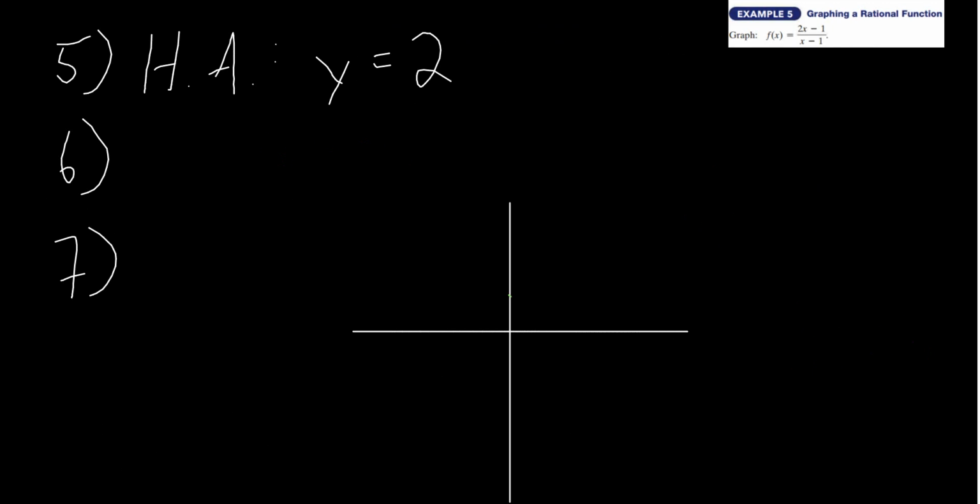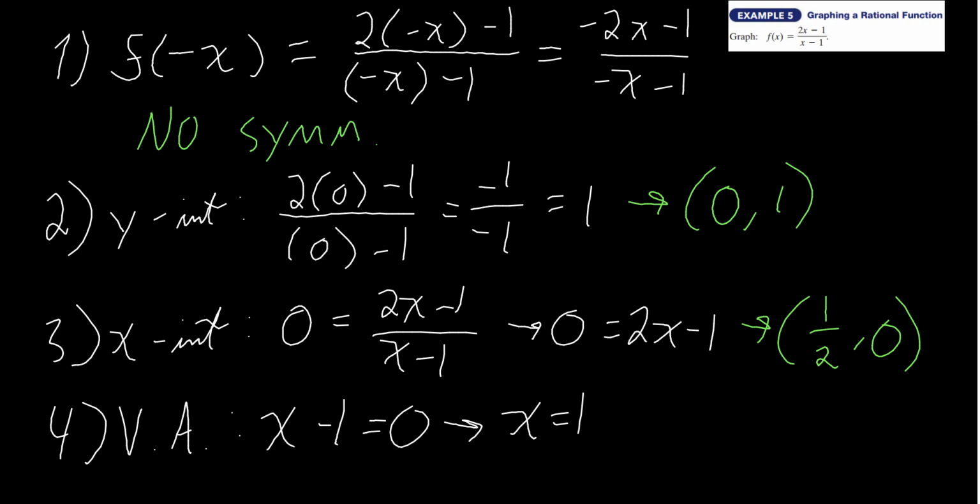So what am I doing? Oh, I've got to change it to pen mode. Right here, about (0, 1), is the y-intercept.